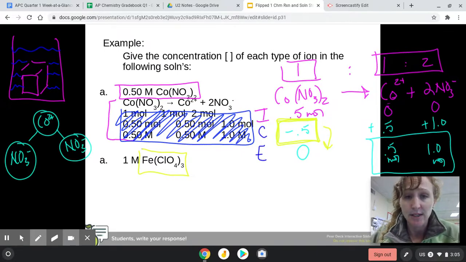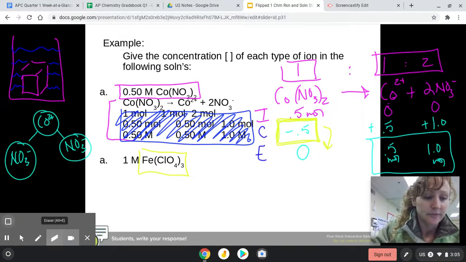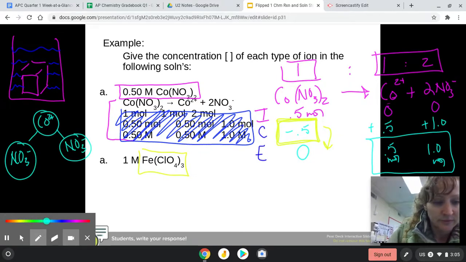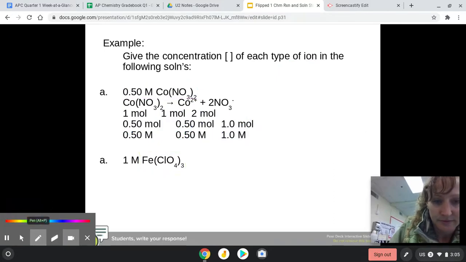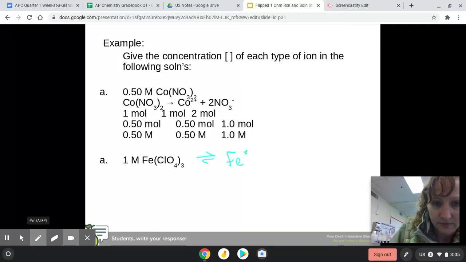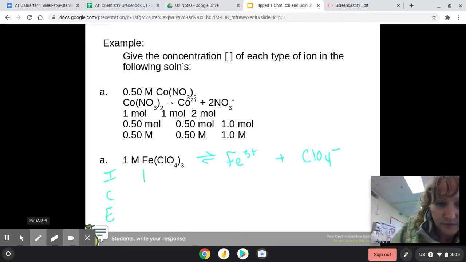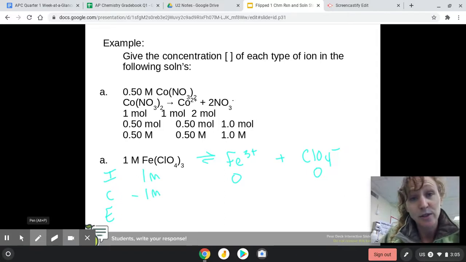Now would be a good time to pause. I'm assuming it's a soluble salt, so all of it's going to dissolve.